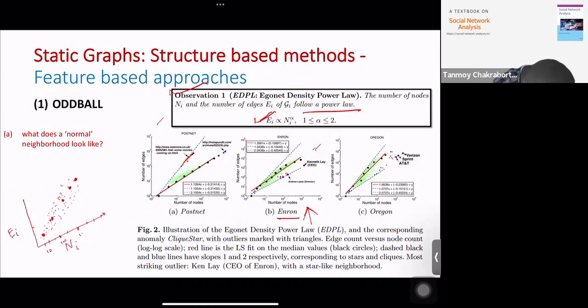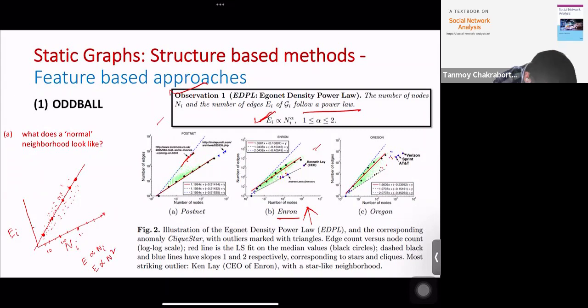And then you fit a linear line. You can easily fit a linear line using, say, some least square error fit or whatever. And you also know that if Ei is proportional to Ni, and if Ei is proportional to Ni square, how would this graph look?